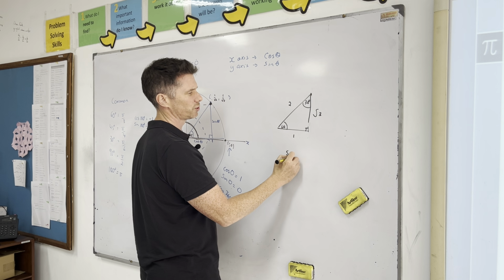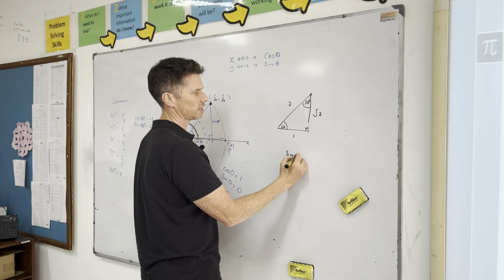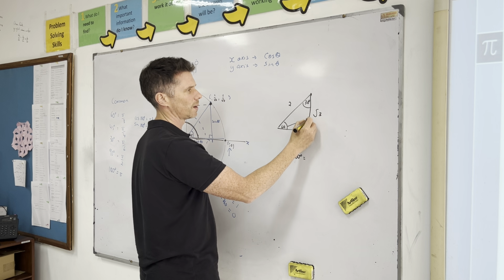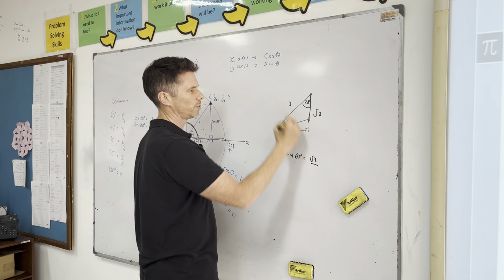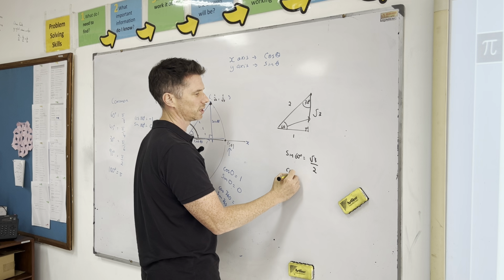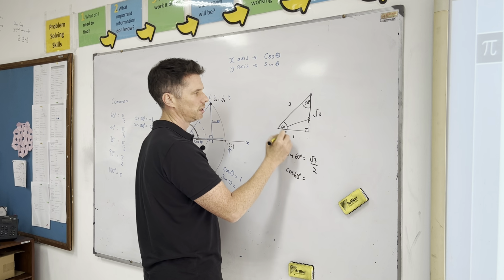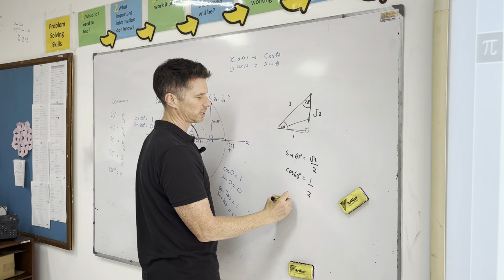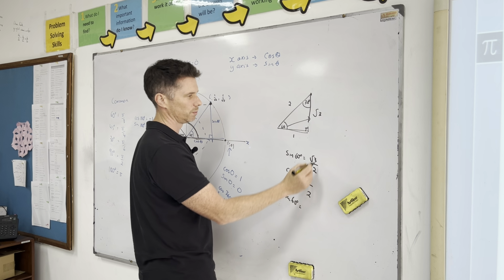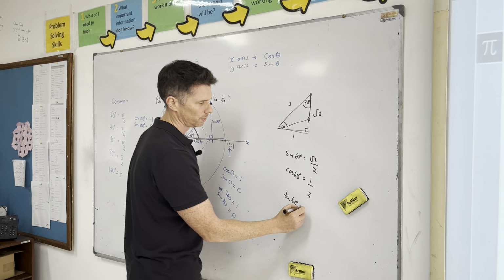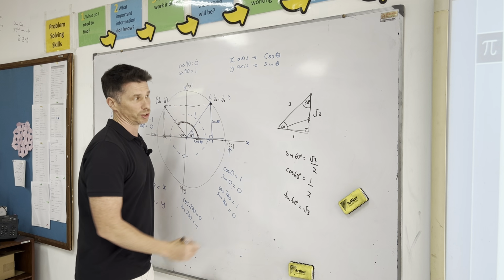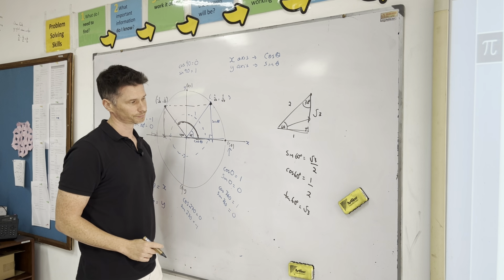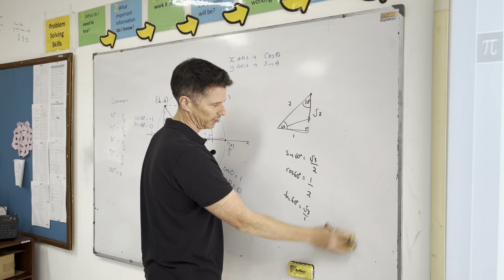And then you could create your angles off this. The sine of 60 degrees will be the opposite over the hypotenuse. The cosine of 60 degrees is the adjacent over the hypotenuse. And the tan of 60 degrees can be created by this over this, root 3, or you could have done it from this over 1 if you like.